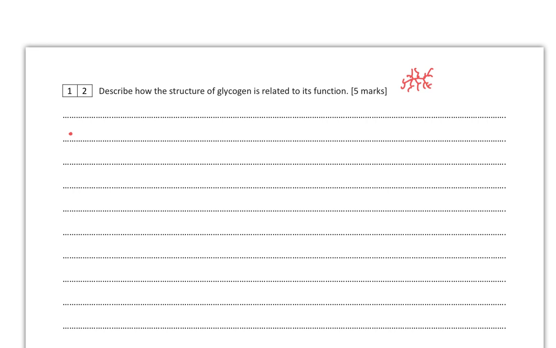So let's get the first one done then. So yeah, by being kind of like curly and stuff, it's compact. So yes, it's a compact molecule. Therefore, lots of glucose stored in a small space. I've mentioned glucose, so it's made of glucose.